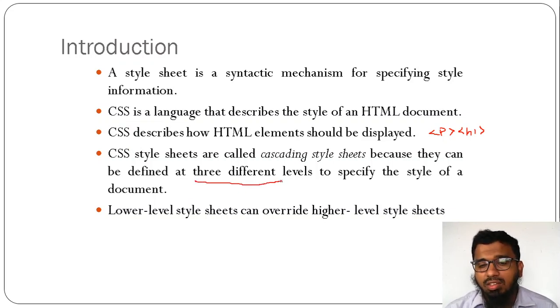In 3 ways, that is, 3 different levels, which we are going to see. A lower level style sheet can override a higher level style sheet. Whatever lower level style sheet you write, if you already have a higher level style sheet in the same page, the lower one will override it. We will see that in the coming classes.